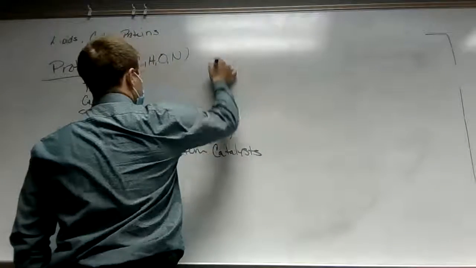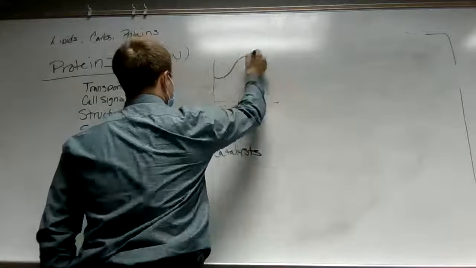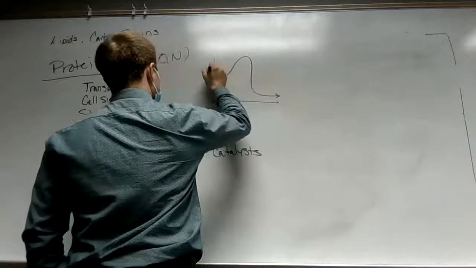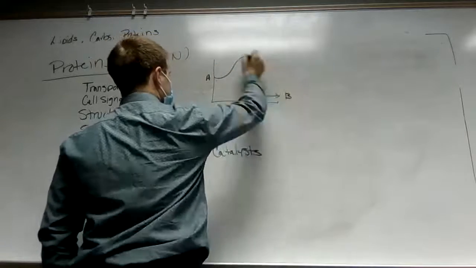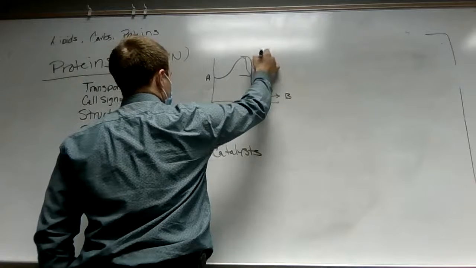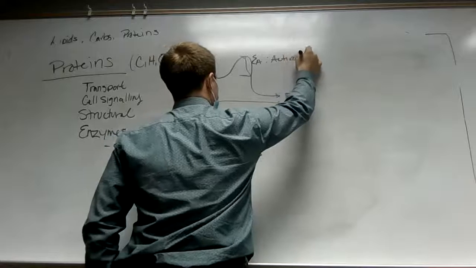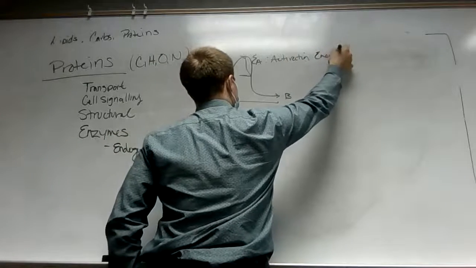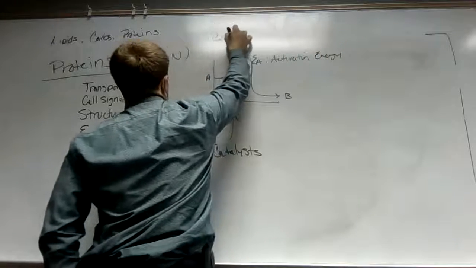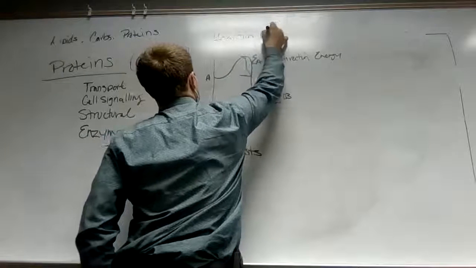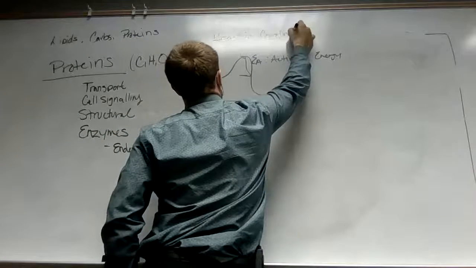So if we think of a reaction, we go from A to B. This is what's called DA, or your activation energy. And writing it down, this is what's called a reaction coordinate diagram.